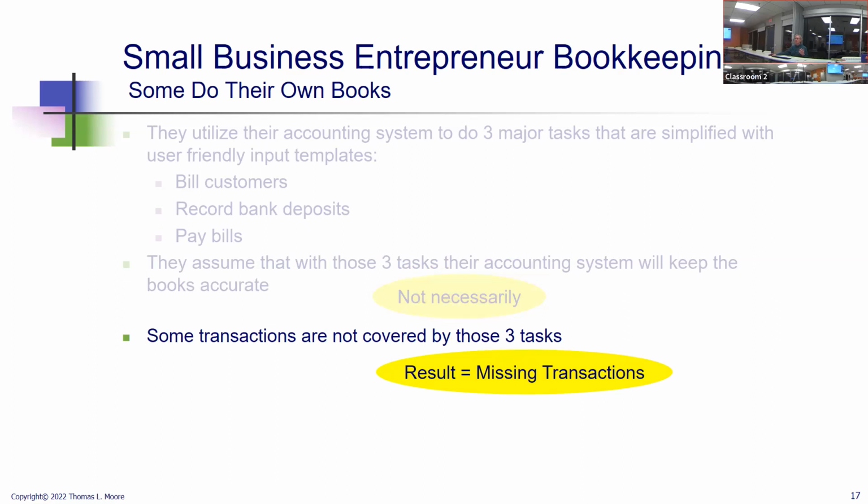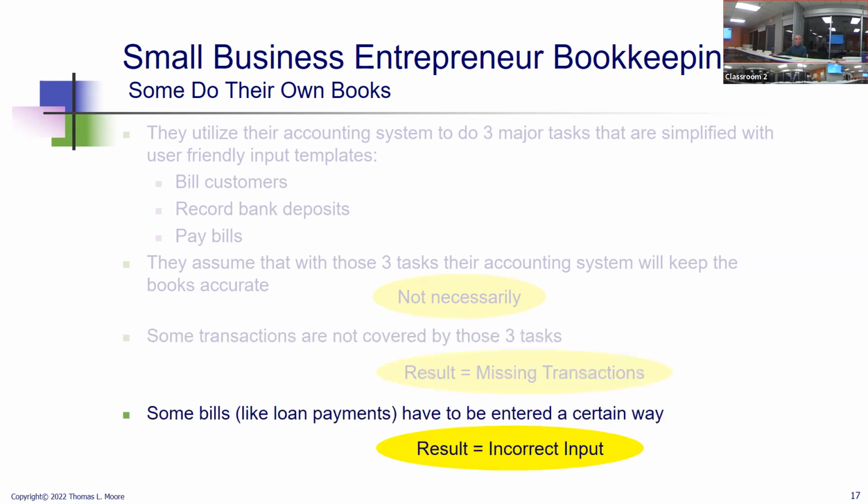So what happens is people just focus on billing customers, recording bank deposits, and paying bills, and they get all sorts of other stuff wrong in their books. And then they realize that they've got a problem. They go to a bookkeeper and find out, I've been doing it this way for 2 years, and the bookkeeper has to go back and restate the books, maybe refile taxes, and that becomes really messy. So some things you want to try to avoid.